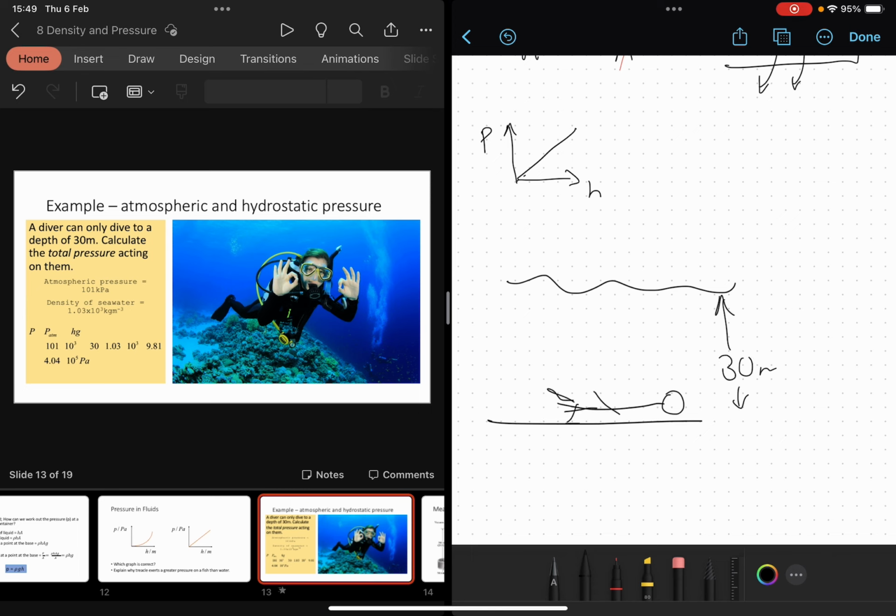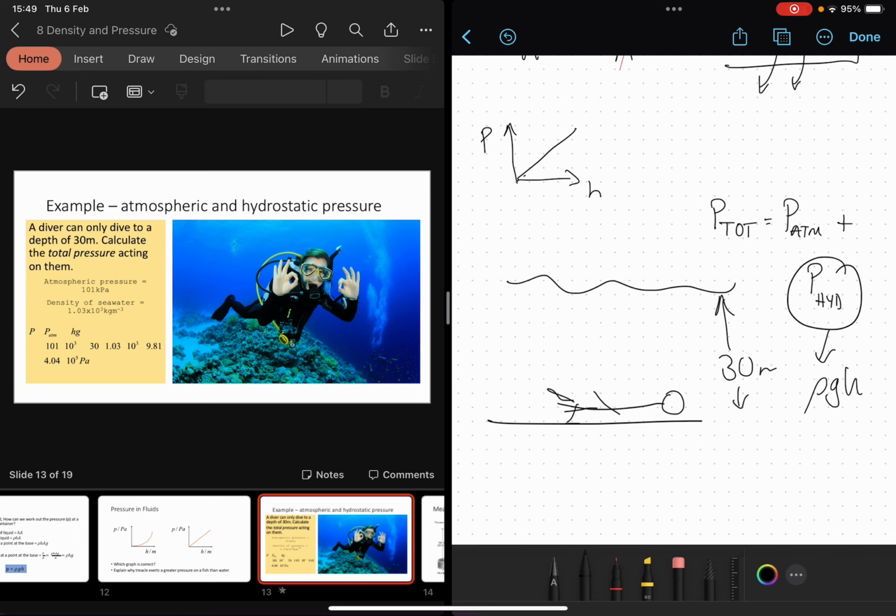We have to recognize that the total pressure being experienced is a combination of the atmospheric pressure and the fluid pressure, the hydrostatic pressure. Okay, in other words, the rho g h pressure. So you would add those two together, and that would give you the total pressure that person was under.